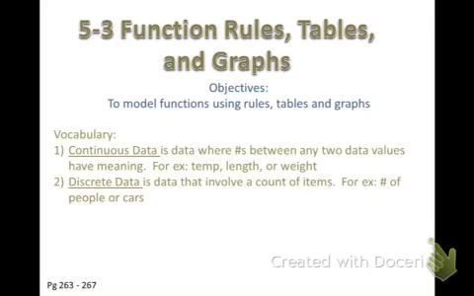Discrete data is data that involves counting items. For example, we count the number of people in a classroom or the number of cars. That's how we would do discrete data. Continuous data means it's just going to keep continuing. The temperature is going to keep going every day.